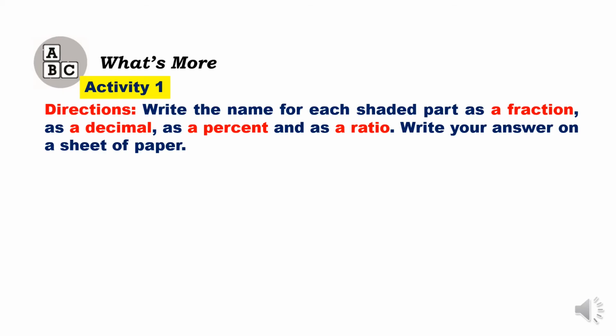For activity 1, write the name for each shaded part as a fraction, as a decimal, as a percent, and as a ratio. Write your answer on a sheet of paper.